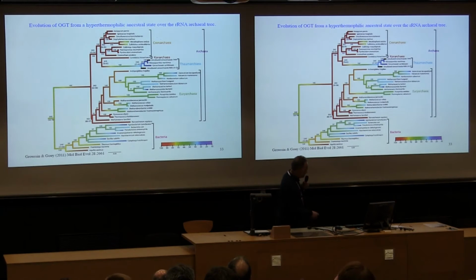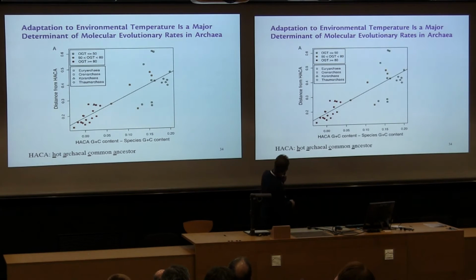So this is interesting because it detects what is a major determinant of molecular evolutionary rates in archaea. This major determinant would be environmental temperature, and it is the variation of the molecular evolutionary rates that creates difficulty in dating molecular trees. So better understanding the determinants of these evolutionary rates is necessary for progressing in this direction.